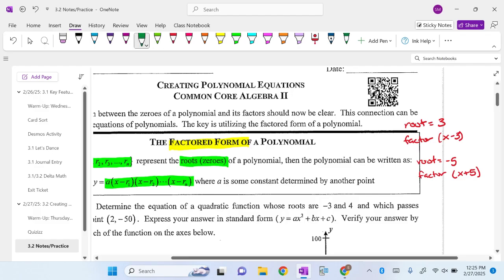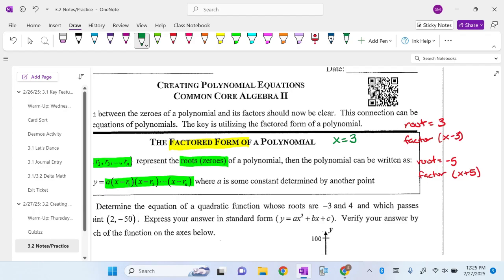You could set X equal to the root and then get 0 on one side. How would I get 0 on one side? You would minus the 3 to the other side. So X minus 3 is equal to 0, and there's my factor, X minus 3. So multiple ways to figure it out.